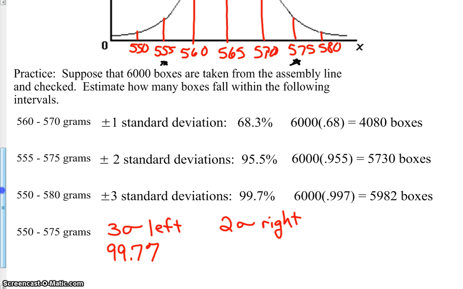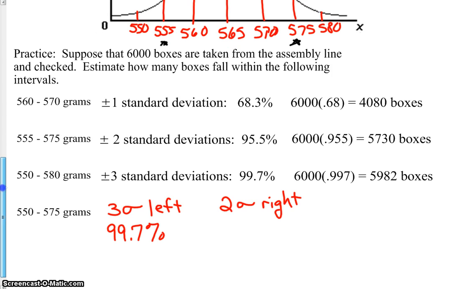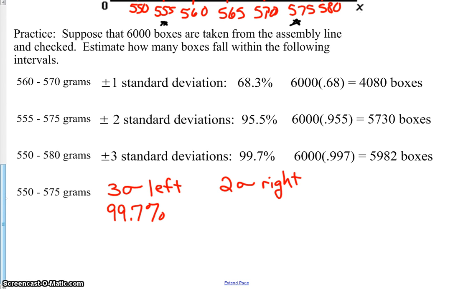But that's 99.7% split out equally to the left and the right. Since we only want the left side, we're going to divide that by 2. When you divide that by 2, we get 49.85%. So we'll have 49.85% of the data on the left.